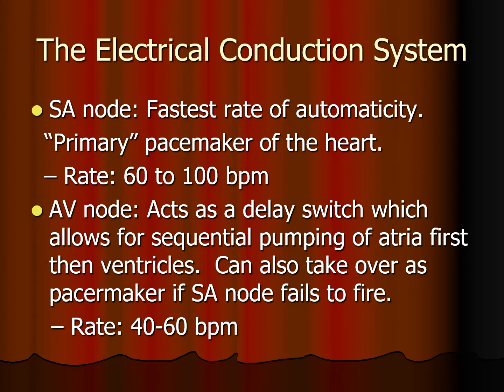So the SA node is the primary pacemaker of the heart, and its intrinsic rate, meaning its own natural rate, is 60 to 100 beats per minute. The AV node is the delay switch, which allows for sequential pumping of the atria first and then the ventricles. It can also take over as the pacemaker if the SA node fails to fire, and its intrinsic rate is 40 to 60, a little bit slower.